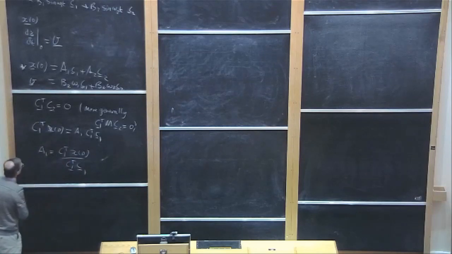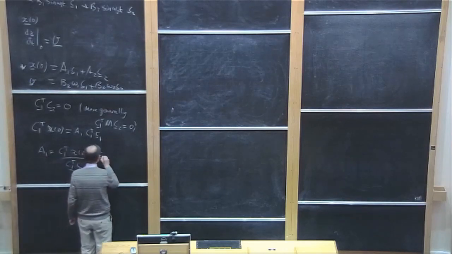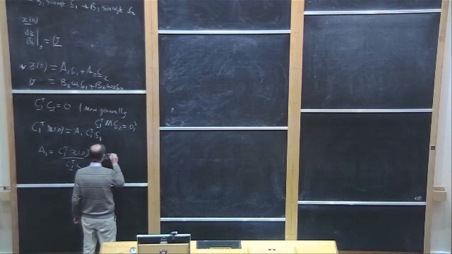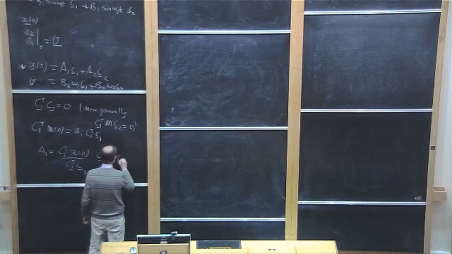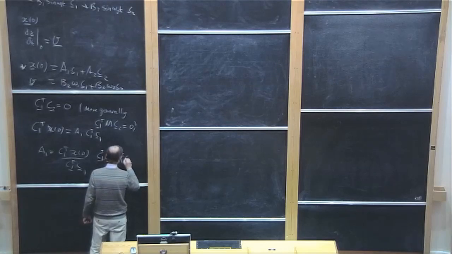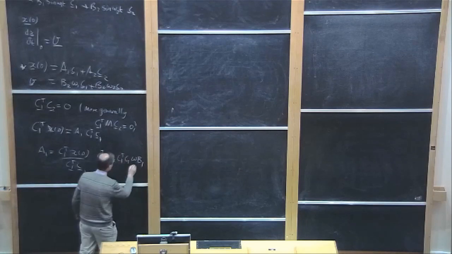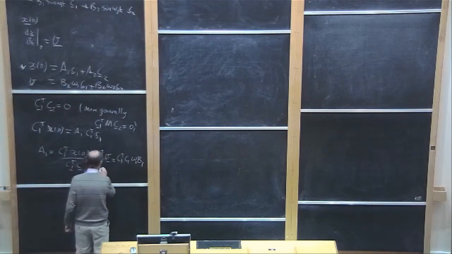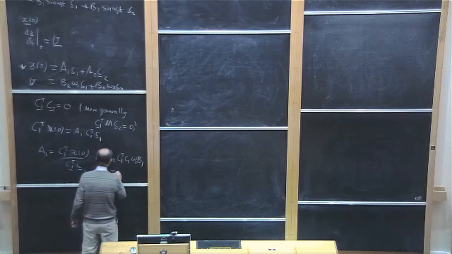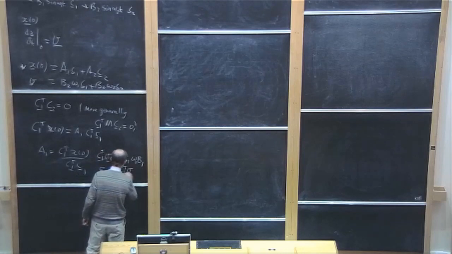And similarly for a2, and in exactly the same way for v, we'd have c1 transpose v is b1 omega 1 c1 transpose c1, and correspondingly b1 is c1 transpose v divided by omega 1 c1 transpose c1.